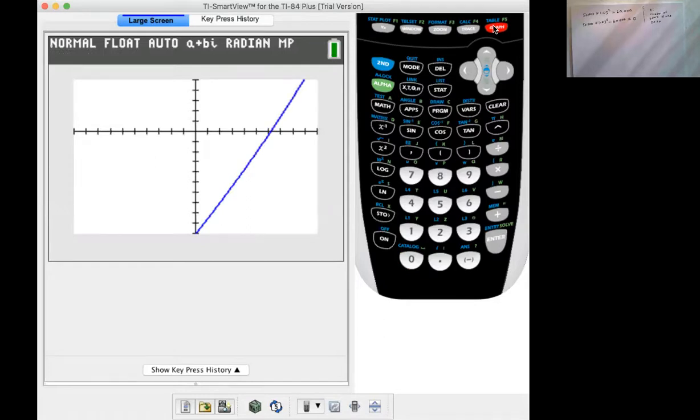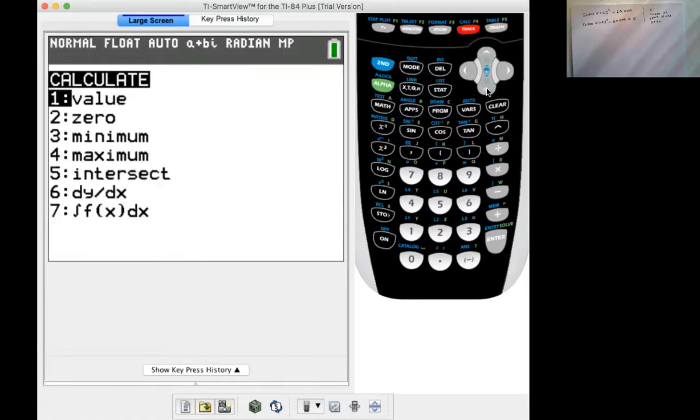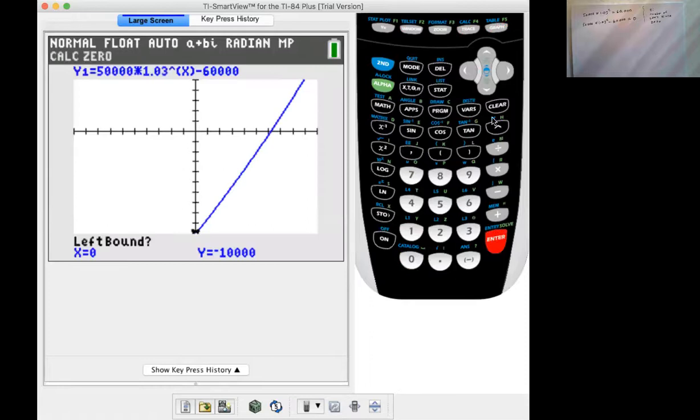So to find the 0 finder, to get an idea of what t is, second calc 0 finder. Move the cursor just a little bit to the left of the place where it crosses 0. That's our left bound. Move the cursor a little bit to the right. We expect it to be slightly more than 6, guess.